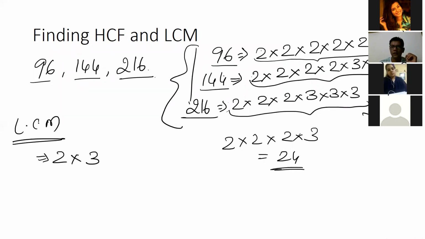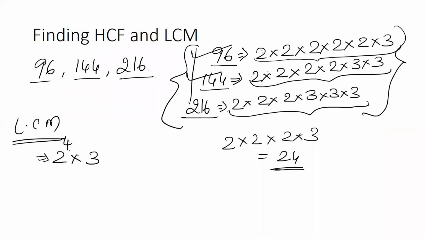Which number has the highest power of 2 available with you? If you see, both 96 and 144 have the highest power of 2. Both of them have 4 2's in it. So pick the highest power of 2 and write it down.